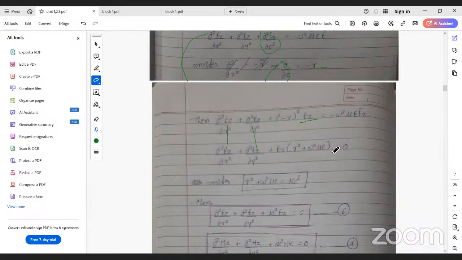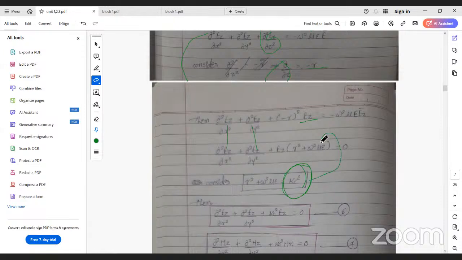So gamma square plus omega square mu epsilon equal to 0. I am treating this as one constant. What is the constant? Kc square.